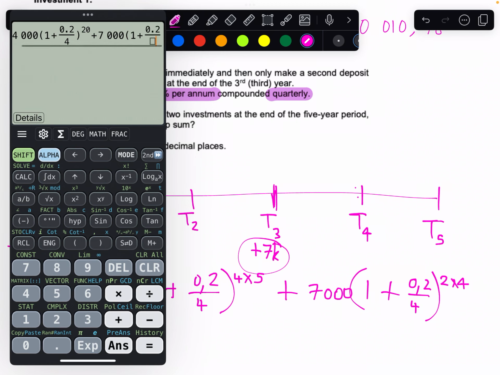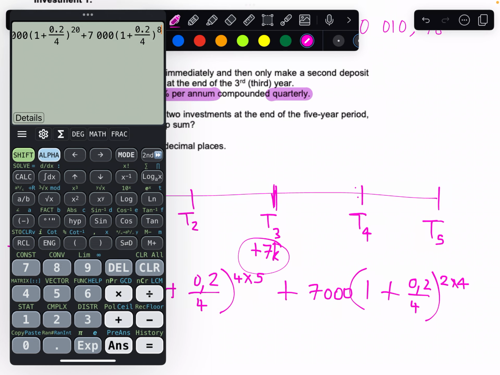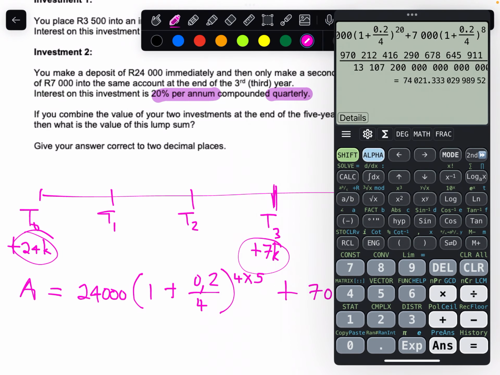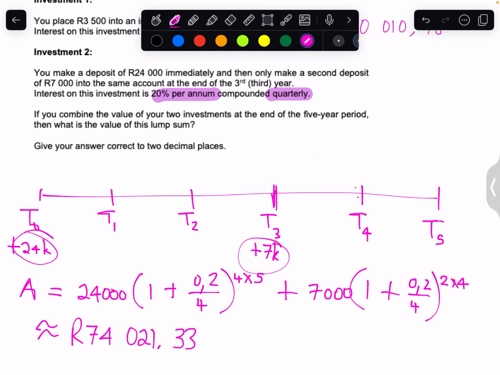I just love how this calculator is so committed to common fractions. So that investment would be 74,021 Rand 33 cents, an approximation.